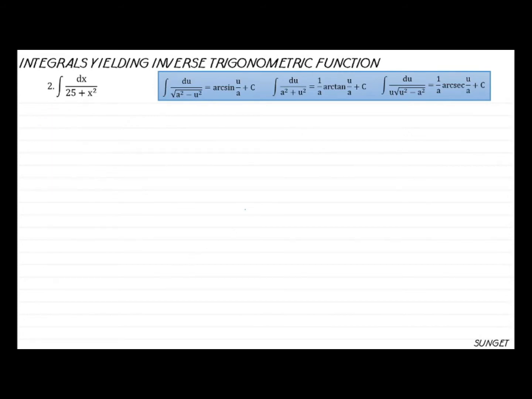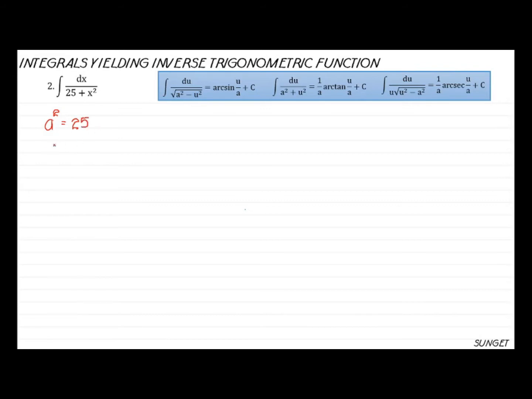Example number 2. Evaluate the integral of dx over 25 plus x squared. First, identify the value of u and the value of a. So a squared is equal to 25.